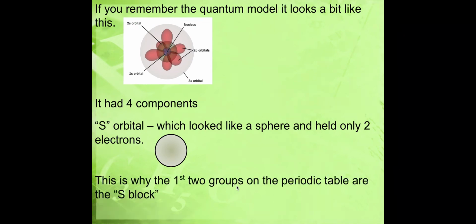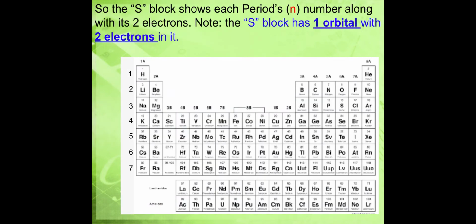This is why the first 2 groups on the periodic table are the S block. The first 2 groups are called the S block, and we will see why. The S block has 1 orbital and that one orbital can only take 2 electrons in it.